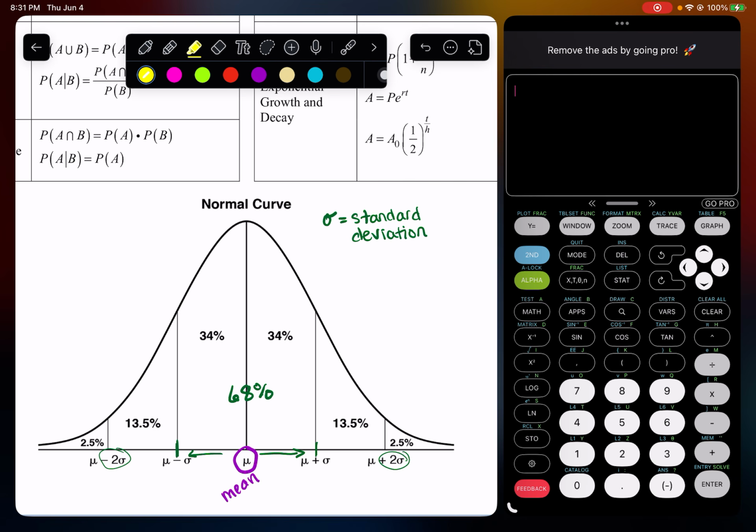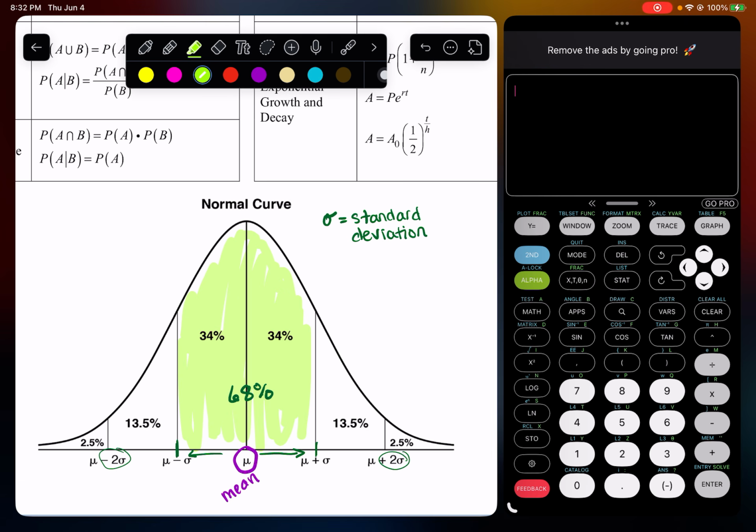So 68% of the data falls in this range, up 1 standard deviation or down 1. For instance, if my mean was 20 and my standard deviation was 5, that would mean 68% of the responses were between 15 and 25, up 5 and down 5 from the mean.